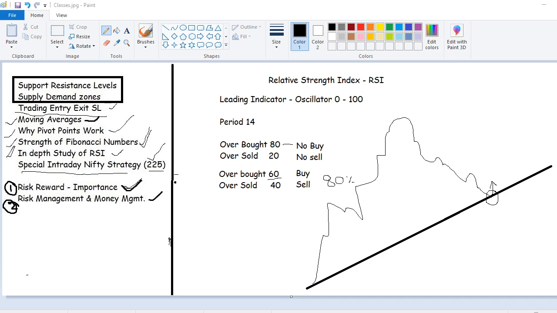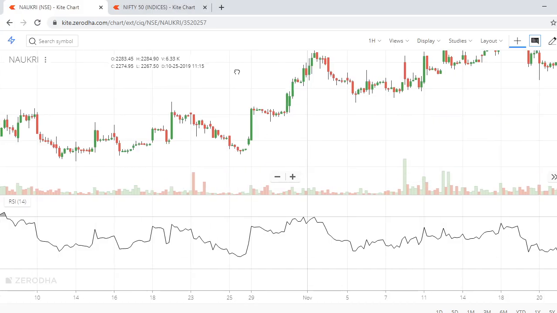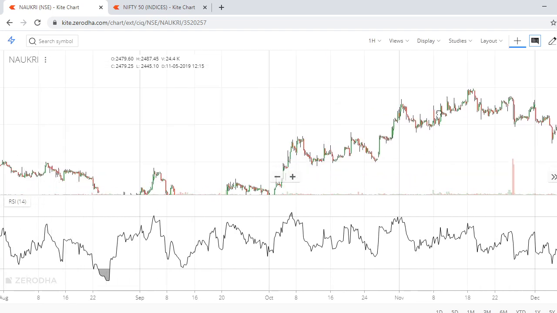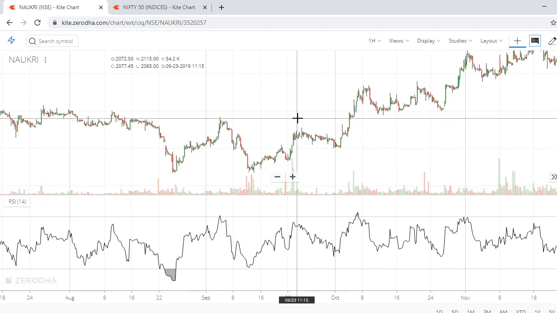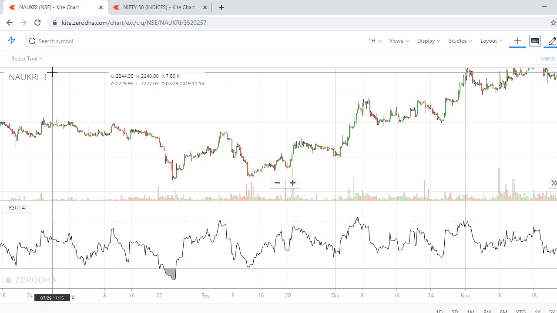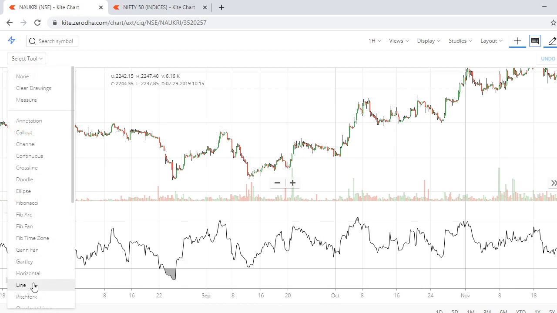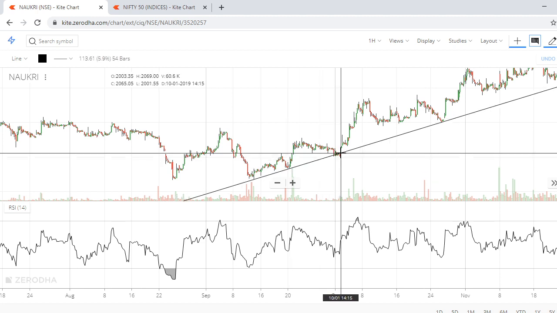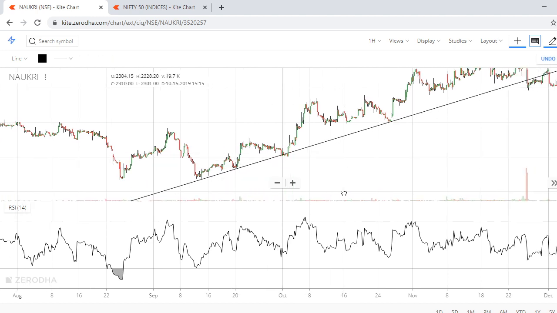Now let's see that. Any stock which is taking support. Let's suppose this is a trend line. I hope everybody is practicing trend lines and all.